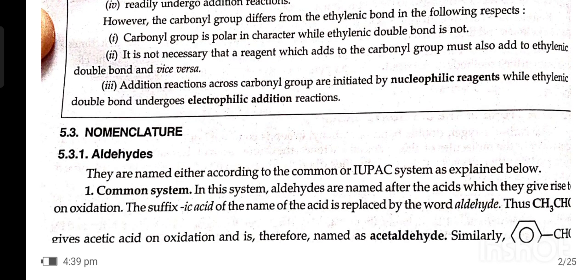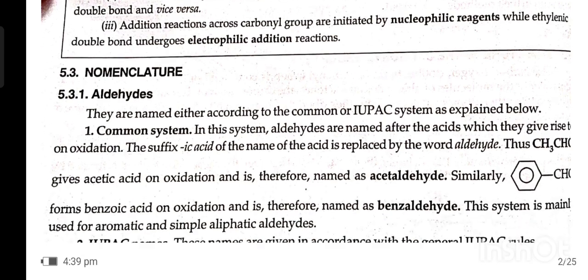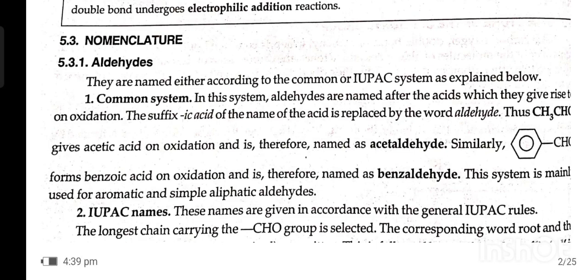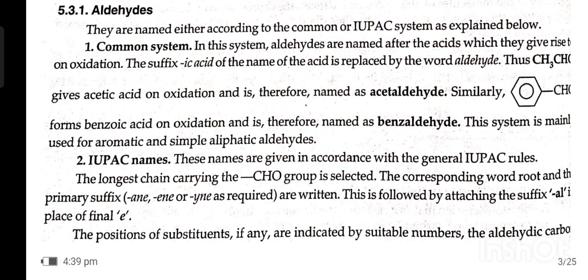Nomenclature. Aldehydes are named either according to the common system or the IUPAC system, as explained below. First, the common system. In this system, aldehydes are named after the acid which they give rise to on oxidation. The suffix ic acid of the name of the acid is replaced by the word aldehyde.